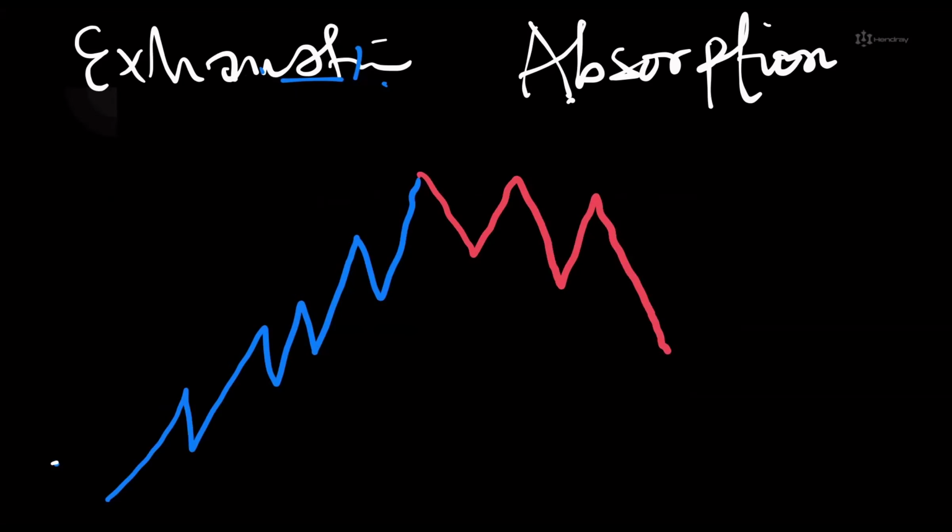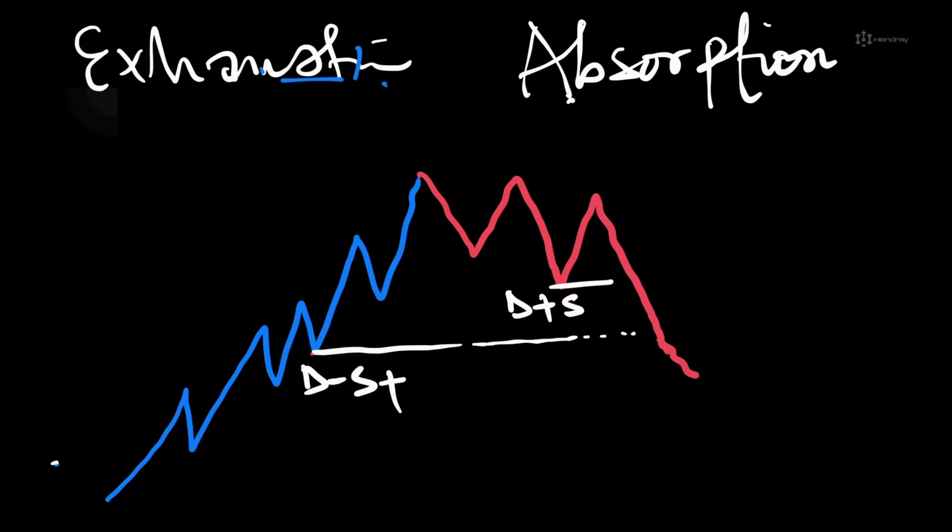Now look at this clearly. At this low that is being absorbed, no, it is not being absorbed, we don't know yet. So we have, let's say, D minus S plus. And here we have D plus S plus. Now we have this aggressor here.